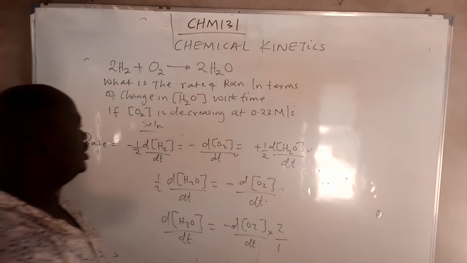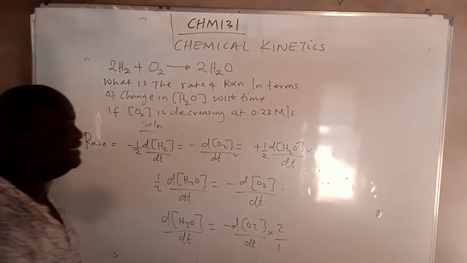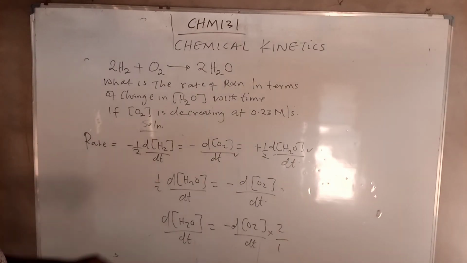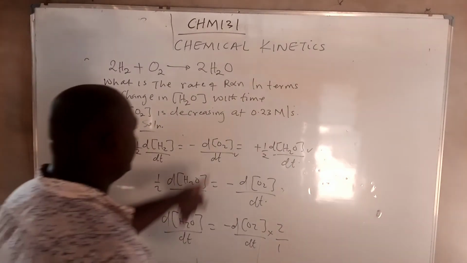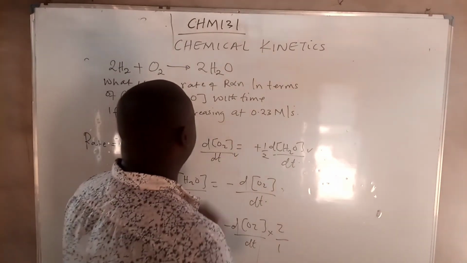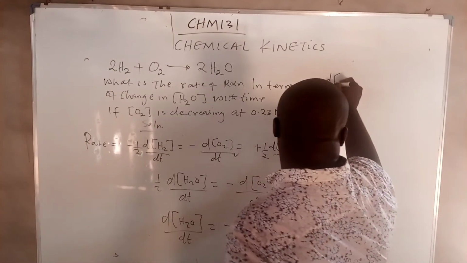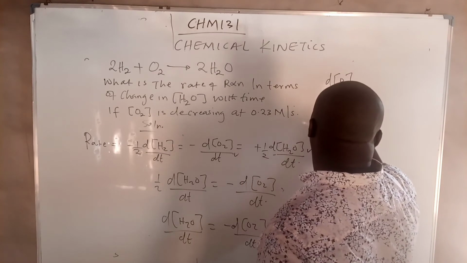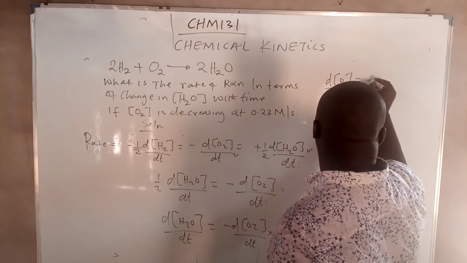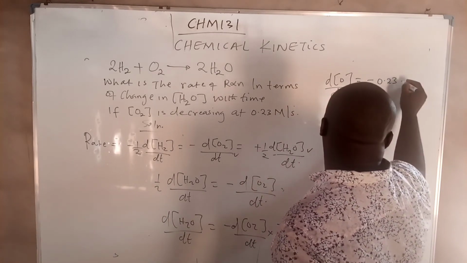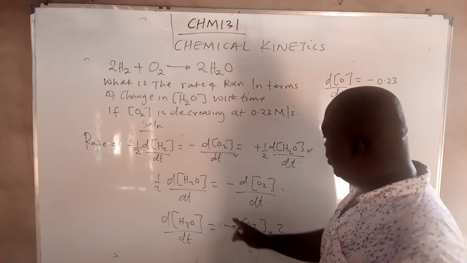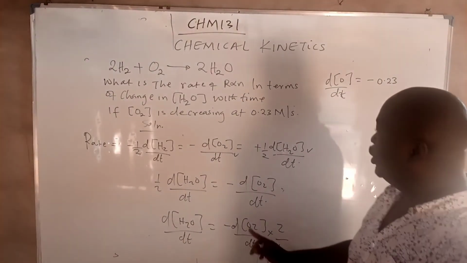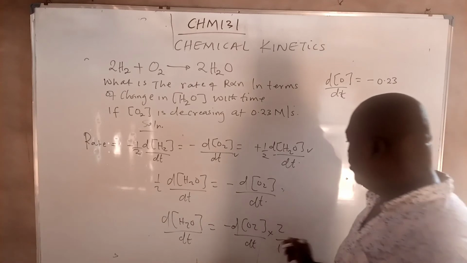Now, that of the oxygen, remember they said is decreasing. The initial concentration of oxygen must be minus. Look at it, must be from here. The other said is decreasing. So that means the change over T must be minus 0.23. Now, remember, also in the formula we have minus.